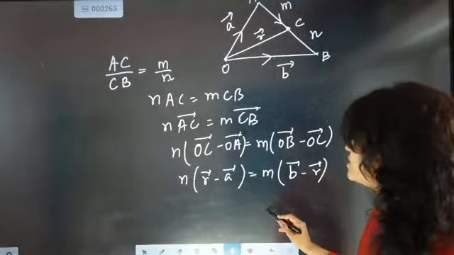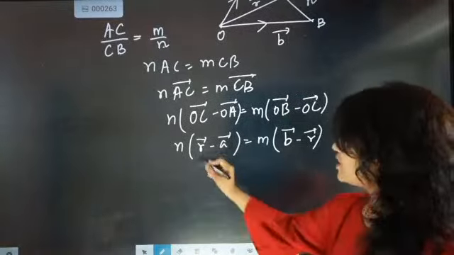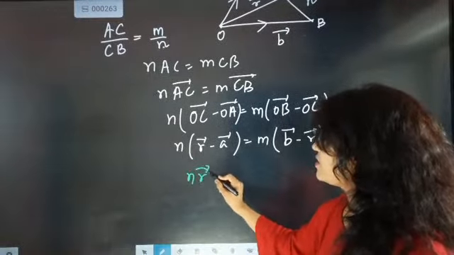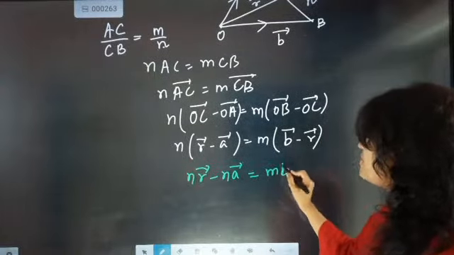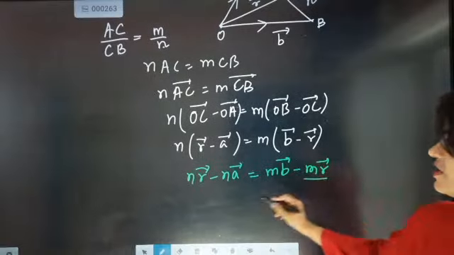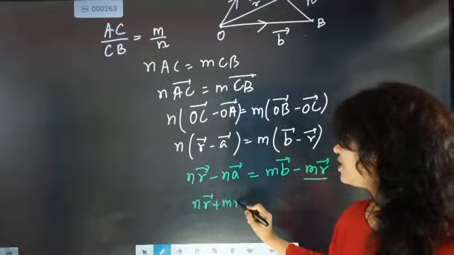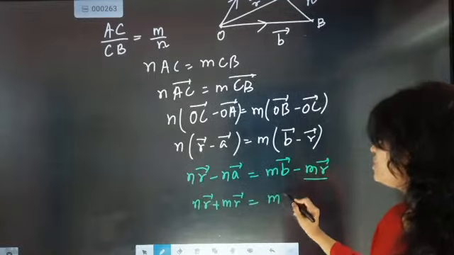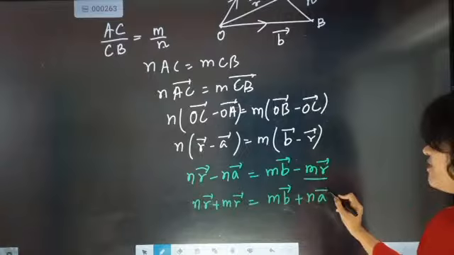The reason behind is that after this there is nothing to talk about, because here you see nR vector minus nA vector equal to mB vector minus mR vector. Now R vector, take them together. So mR vector plus nR vector is equal to mB vector plus nA vector.